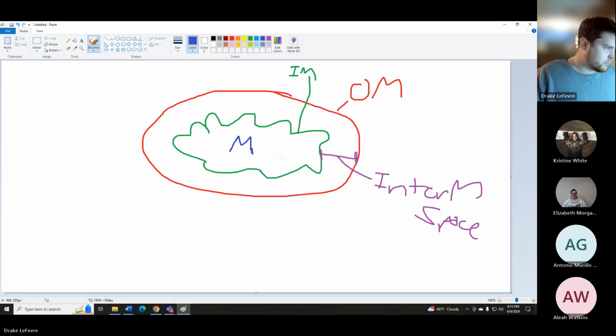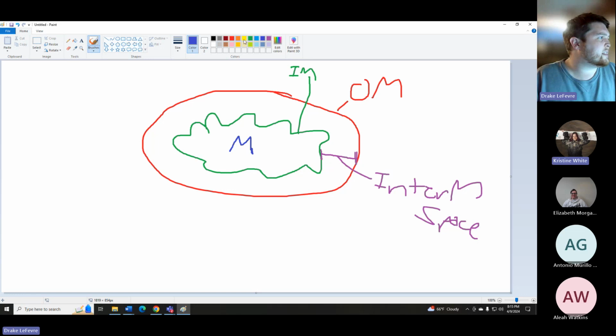These loops that form are called cristae. They're part of our inner membrane. He doesn't hit on that a lot like he used to. He used to make that a really big deal, so don't worry too much about that.